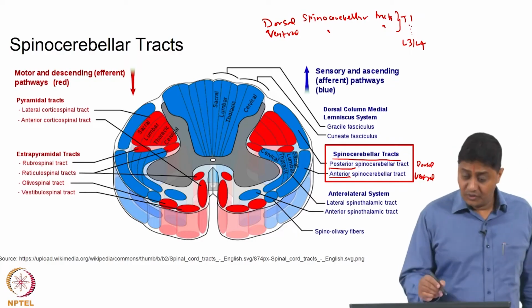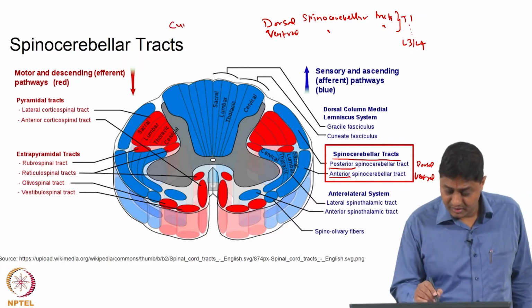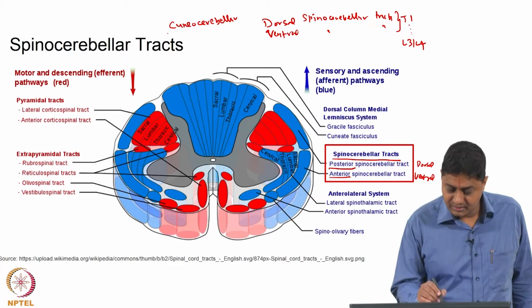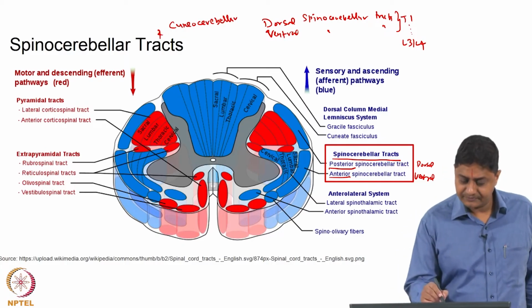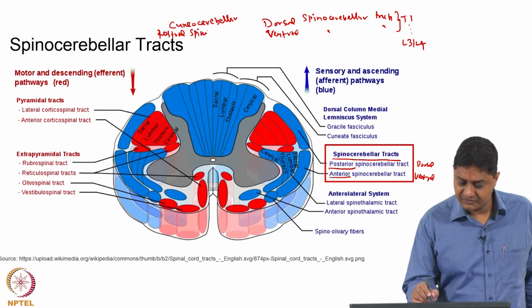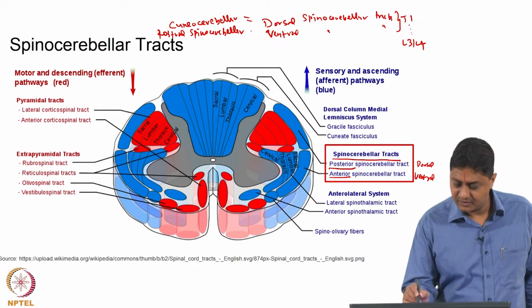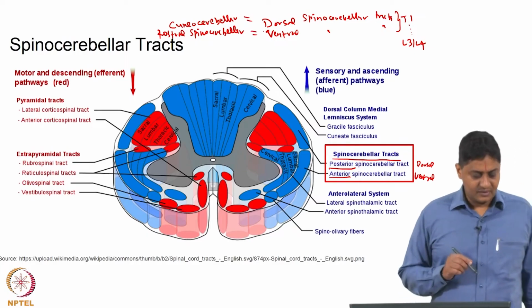Those are brought by the cuneocerebellar pathway and the rostral spinocerebellar pathway. These two are analogues; these two are equivalent to those two.